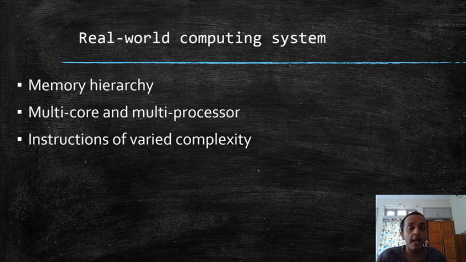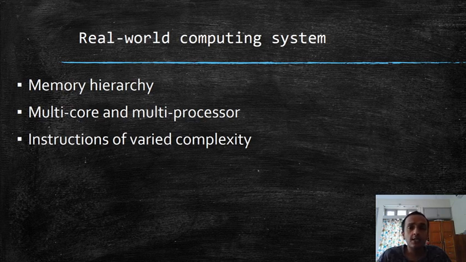Then you would have your primary memory, which is random access memory or RAM, and then you would have memory inside your processor, in terms of registers. But apart from that, there are many other layers to this memory hierarchy. For example, your processor would have multiple layers of cache: L1 cache, L2 cache, L3 cache, and so on.